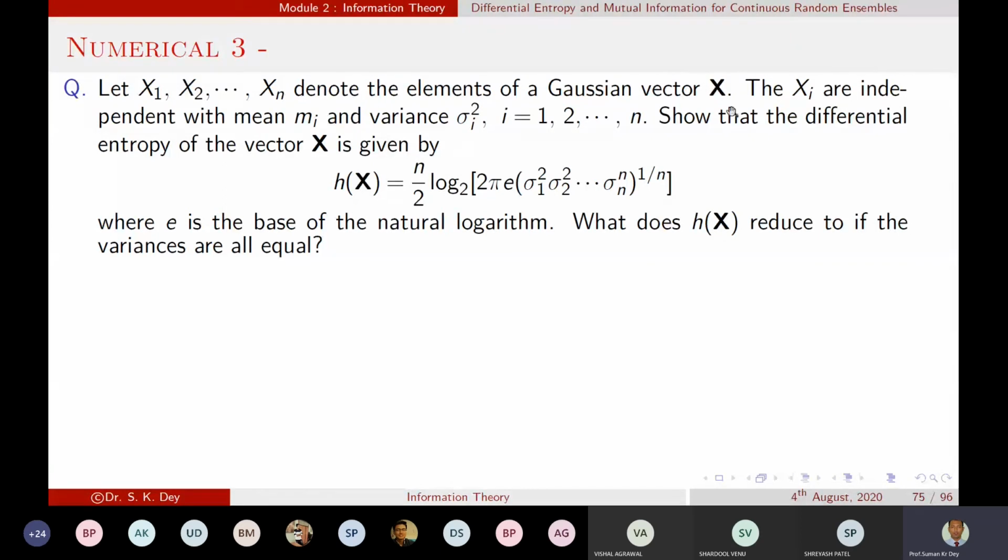We need to show that the differential entropy for the vector is given by this expression. We have to prove that, and after that, if all the elements have the same probability, what should the differential entropy be? So how to solve it?